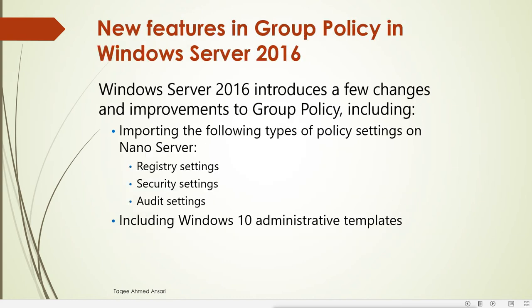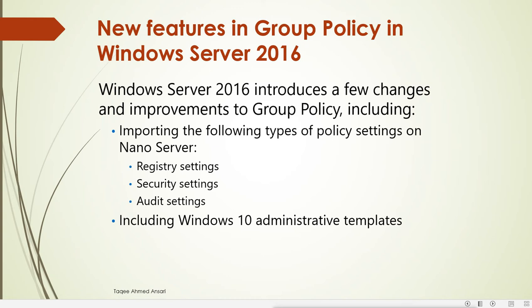Now, new features for group policy in Windows Server 2016. Server 2016 introduces a few changes and improvements to group policy. That includes importing the following types of policy settings on Nano server. That means now in Server 2016 we have Nano servers also.